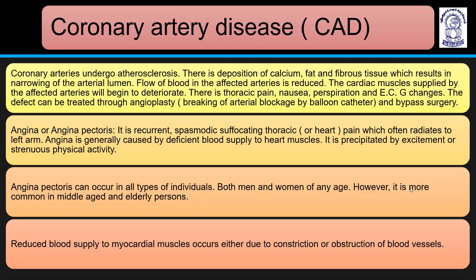The moment the lumen is blocked, the arteries won't be able to supply blood to the coronary walls, meaning the heart walls. Devoid of oxygen and blood, the walls of the heart undergo necrosis, degeneration, and fatigue.